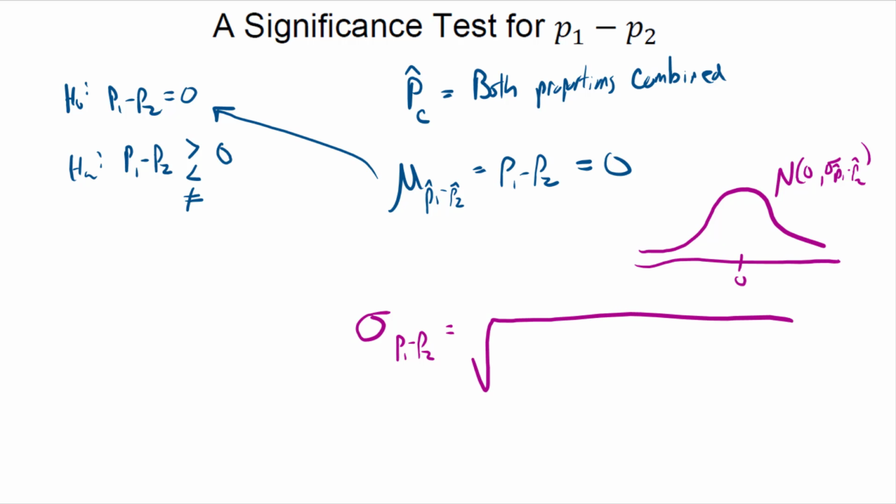So in this case, you're taking your combined proportion times 1 minus that value, all over your first sample size, and then adding that again, but over your second sample size.